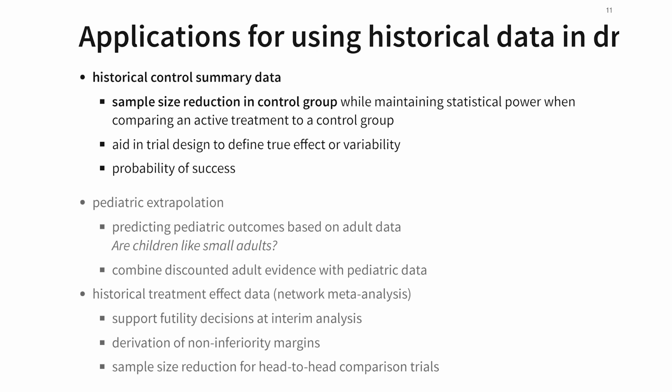And the goal here is to reduce the sample size in your control group while maintaining statistical power when comparing an active treatment arm, for which you wouldn't typically have any historical information, to the control group, because the control group has been seen and observed in clinical trials already a few times before.